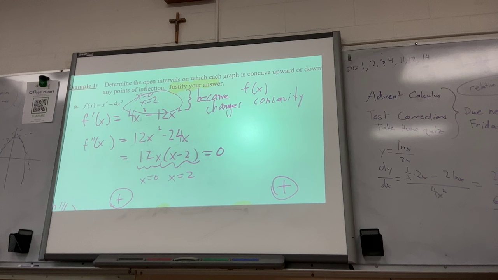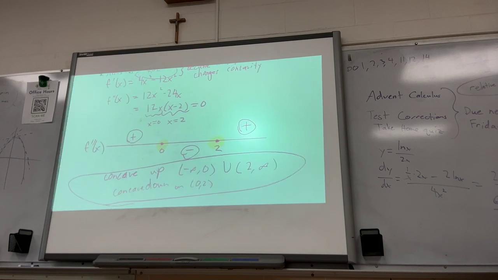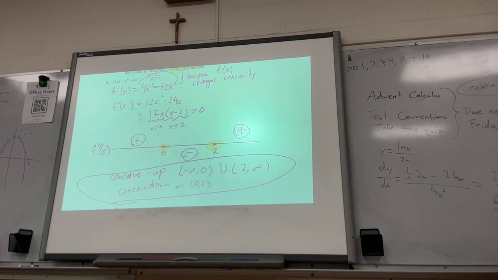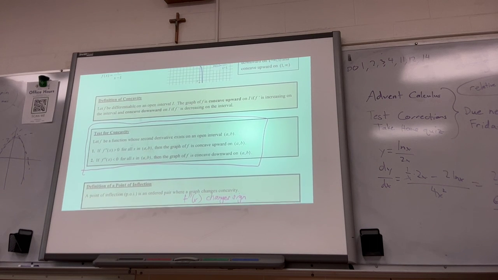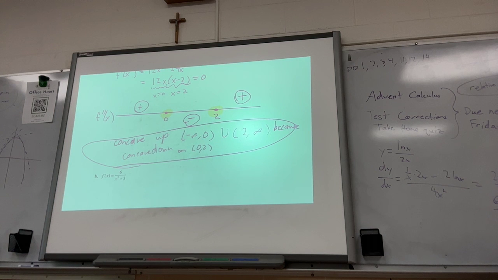And it's concave up because f prime of x is increasing. Concave up means it's increasing.